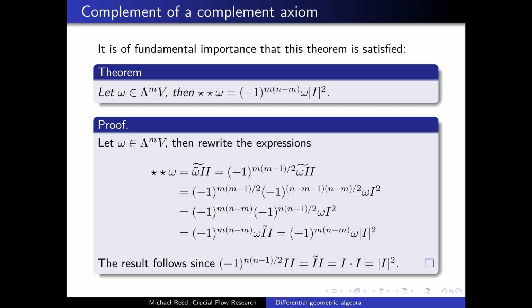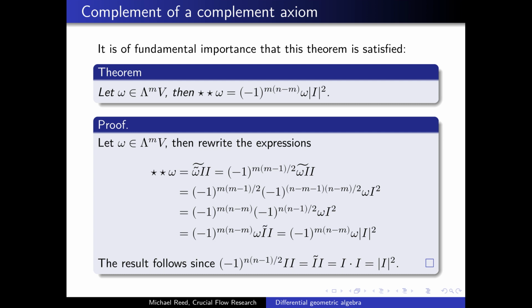And this expression can be rearranged by using algebraic manipulation of these powers of -1. And if we write it in such a way that we have (-1) to the m times (n minus m) and (-1) to the n times (n minus 1) over 2, then that is once again a reverse operation that can be replaced, or rewritten, in the expression.